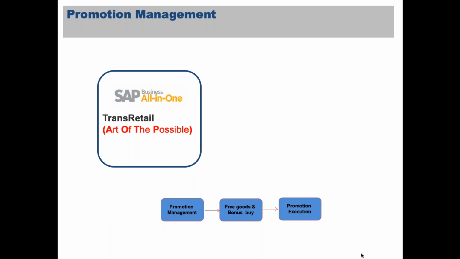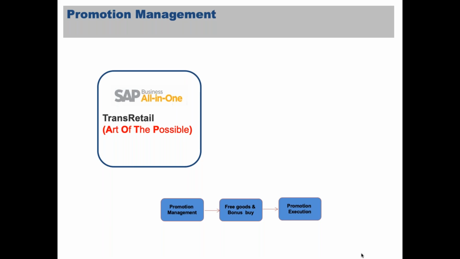But in case of retail, it is not that case. You have very complex promotions, like buy two get one free. Buy a total bill value of 5,000 rupees, and I give you a 10% discount on this particular product. These kinds of promotions are called complex promotions, and they are called bonus buys, right? In retail, you handle a very high range of products, and you cannot simply say that for this particular product I have to offer this discount.